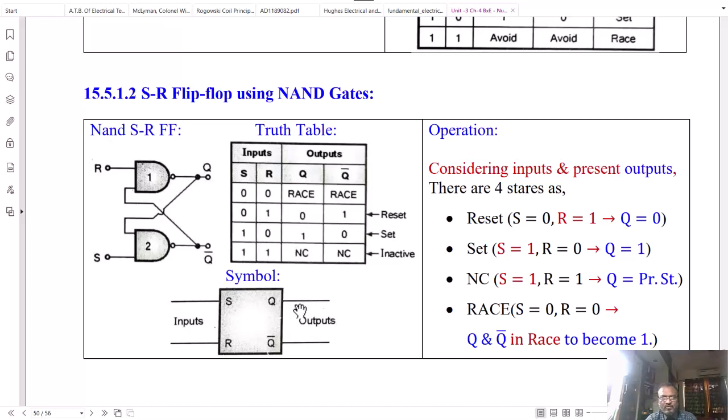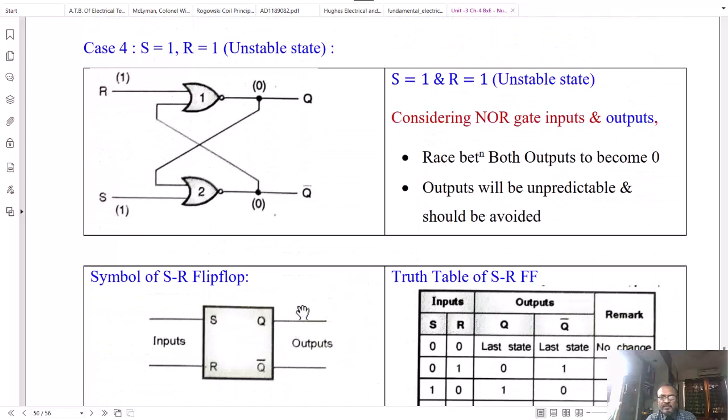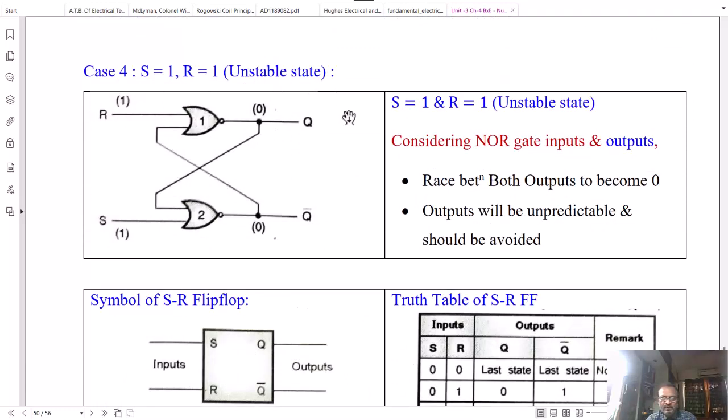So therefore, note the difference between the output of the NAND gate implementation of the SR flip-flop and the NOR gate implementation of the SR flip-flop.